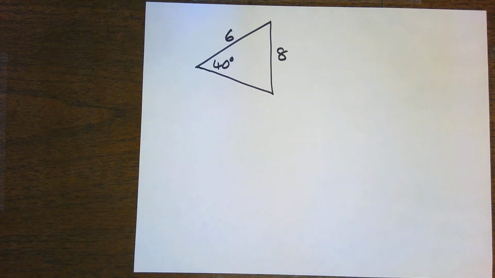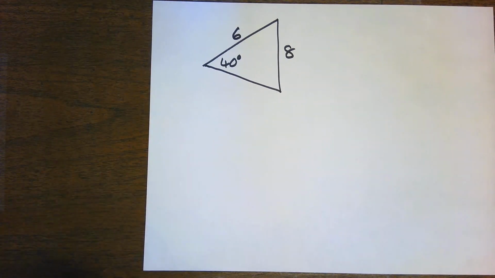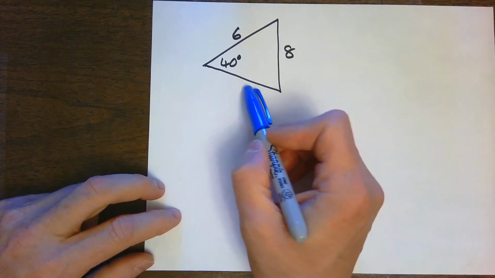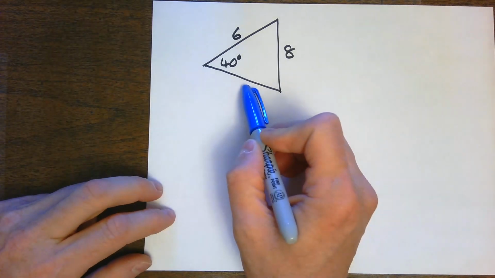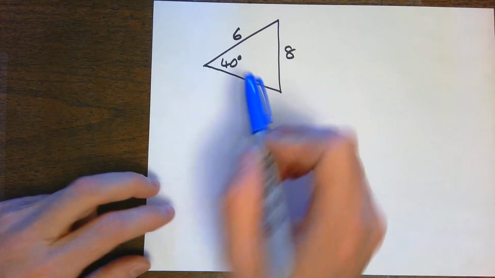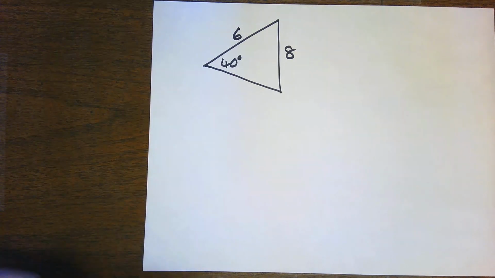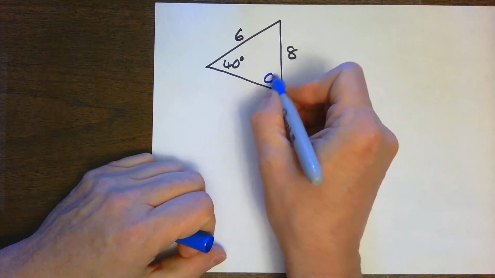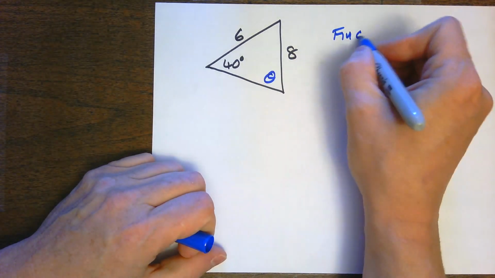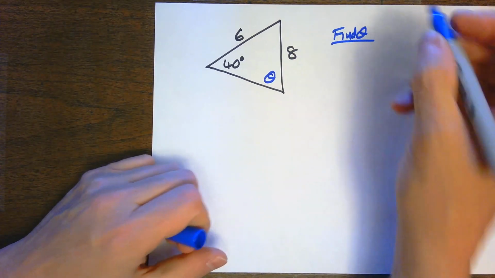All right, so as I take a look at this, I'm going to pick, let's see, could I use law of cosines on this? I think I might be able to use law of cosines to find this missing side right here. But I'm going to use law of sines. If I can find one of those angles, I'm going to call this angle theta, and I'm going to find angle theta.